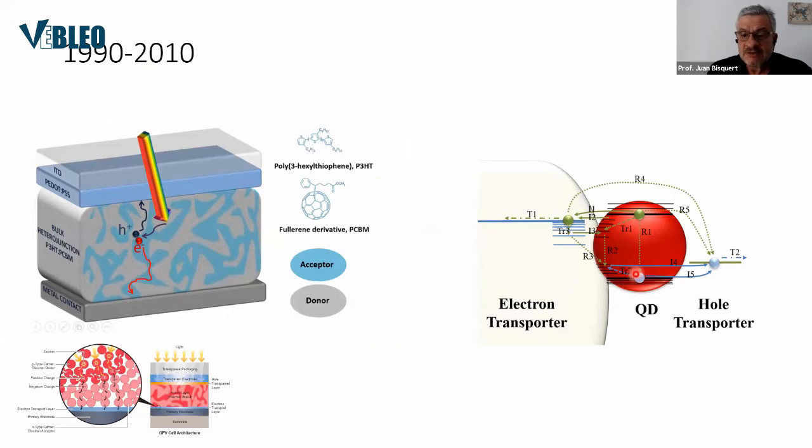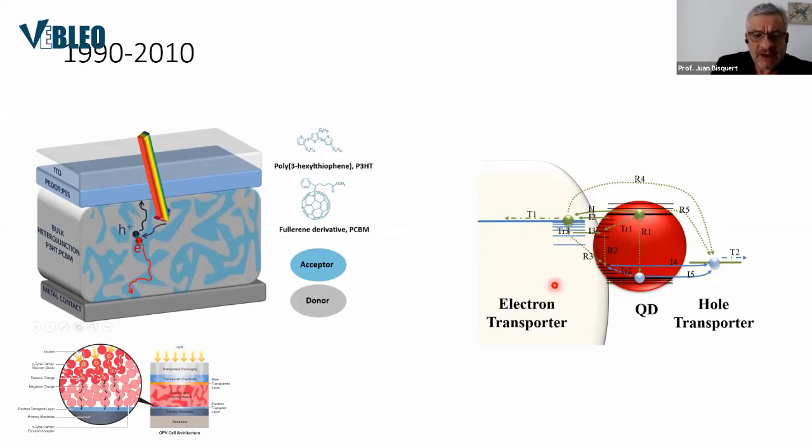Another interesting concept is the quantum dot sensitized solar cell. This is similar to the dye-sensitized solar cell, but uses an inorganic semiconductor, usually a quantum dot, for the absorption and injection of carriers.